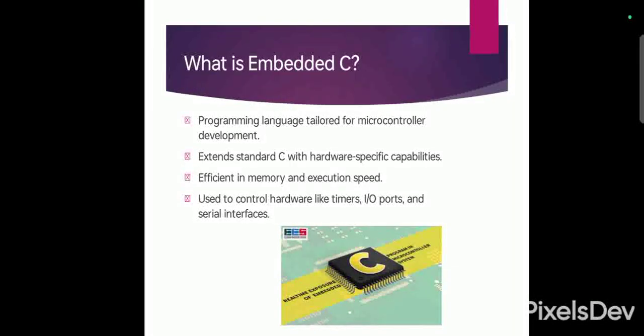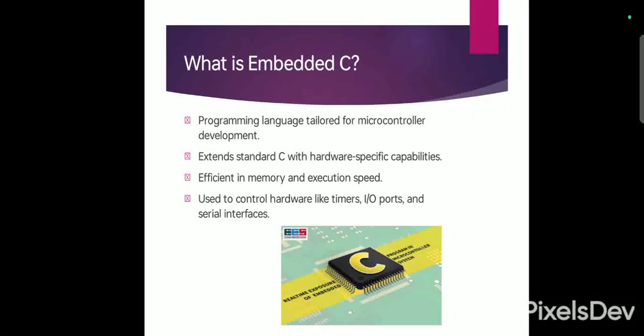Next is, what is embedded C? So this embedded C is also similar to the C programming. Here we use it for developing projects using microcontrollers. So embedded C is a programming language used to write the software for microcontrollers. It extends the standard C language with features to control the hardware.